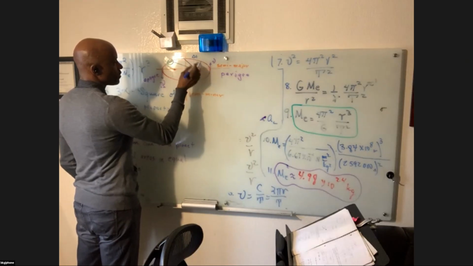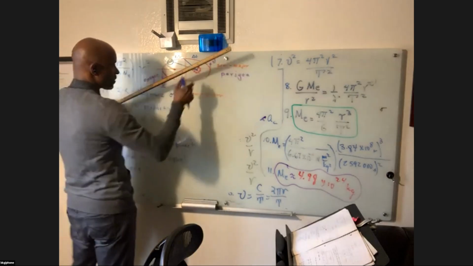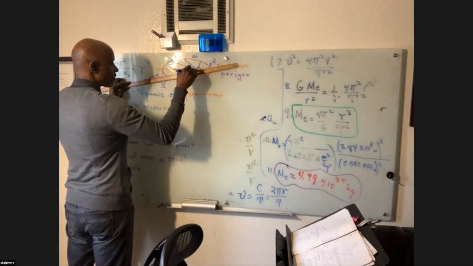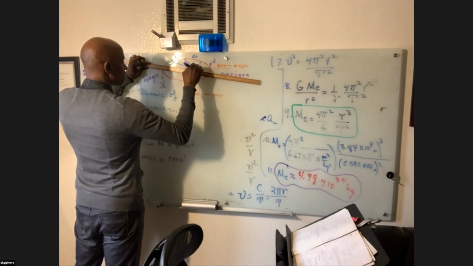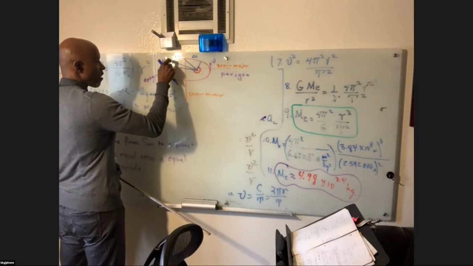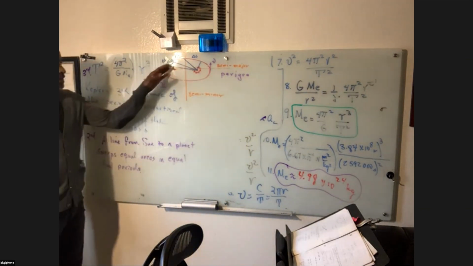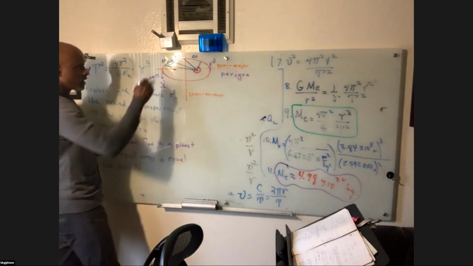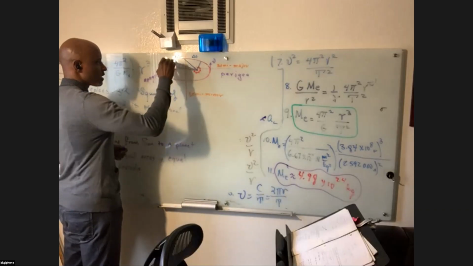The path will be different because the average velocity along that path is faster than along this path. Out here, in the same time period, it's going slower, so it's not going to cover as much distance. The arc length along the triangle gets larger, and you're also farther away. So the point is that if you trace out equal time periods and calculate the area of this space, as long as you have equal time periods, the area will always be the same.